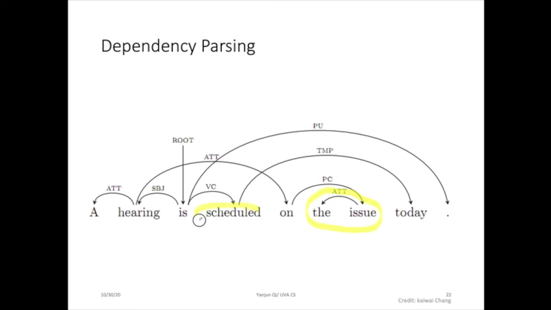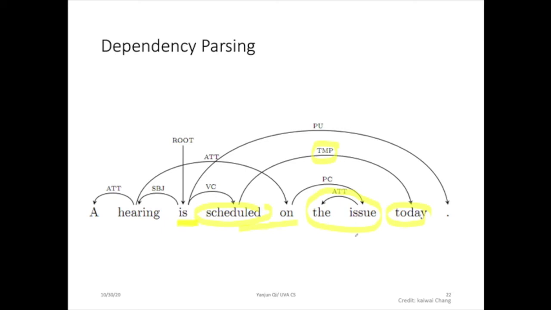And scheduled and today is very closely related with this TMP relationship. And scheduled is not related with on, even though they are very, very close. So schedule on is actually not that important. What is more important is scheduled and today.